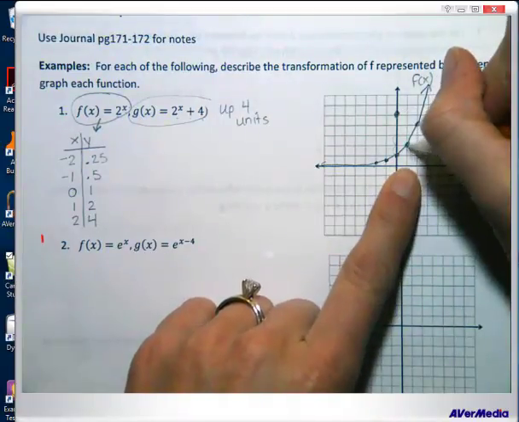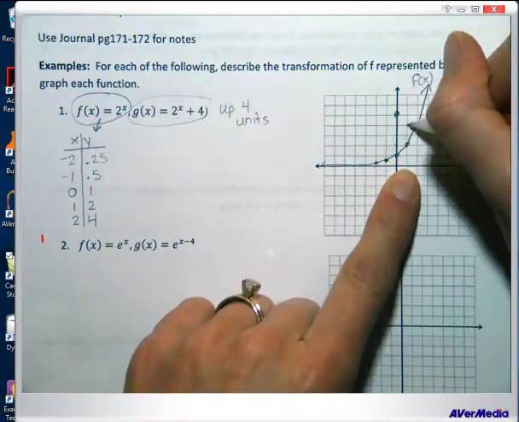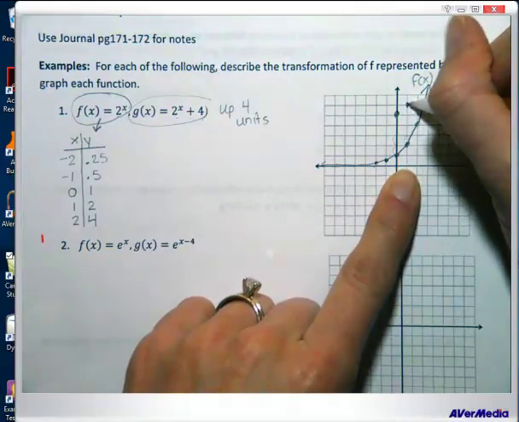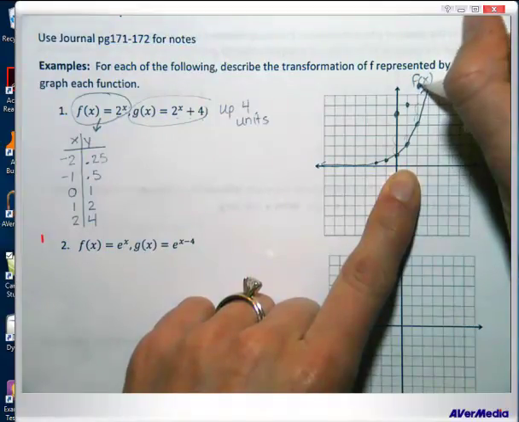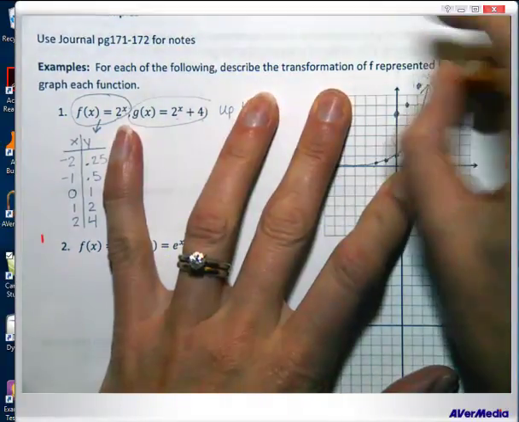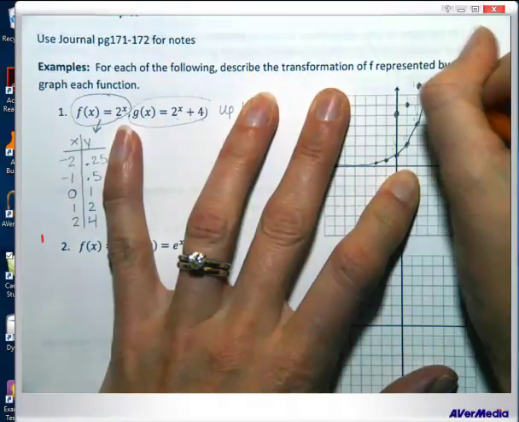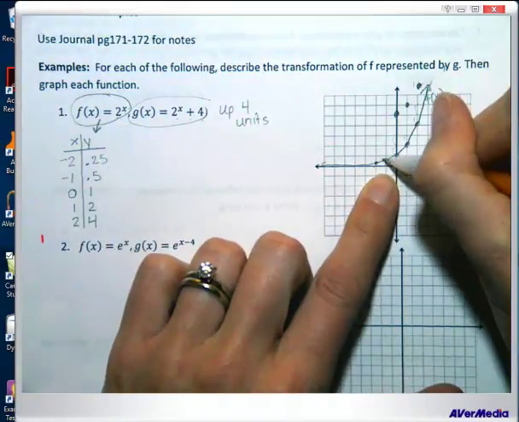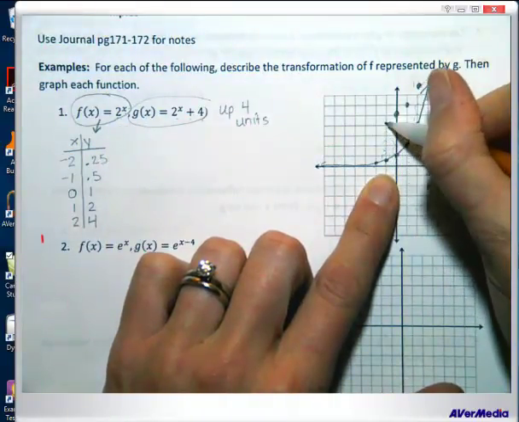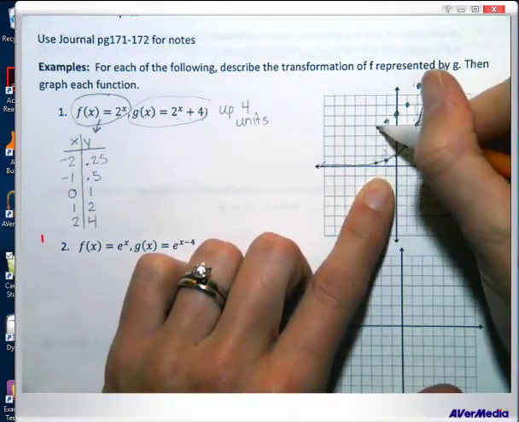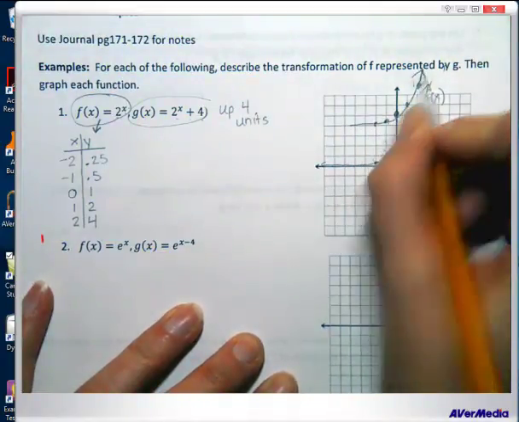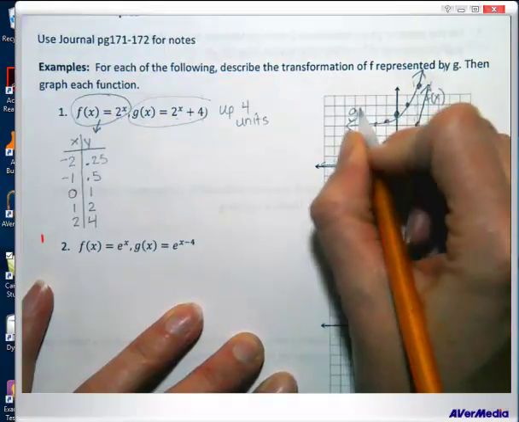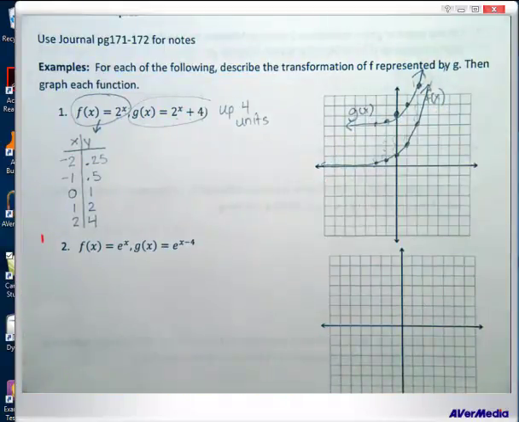This point right here that's at 1, 2 will be 1, 2, 3, 4, right here. The next one goes a little bit off the graph. This point right here, 1, 2, 3, 4, and here. And there's my new transformed function. That was g of x. That's one way to do it, just visually on the graph shifting it up 4.